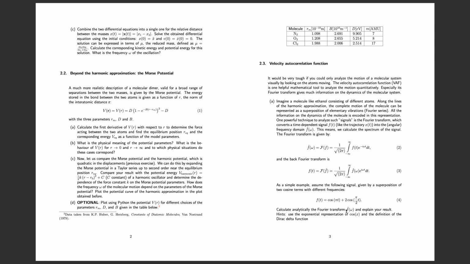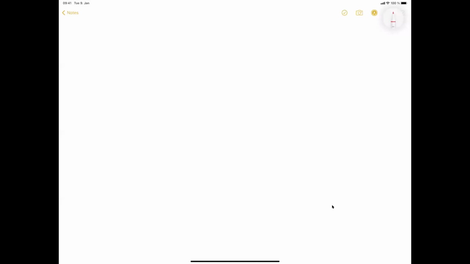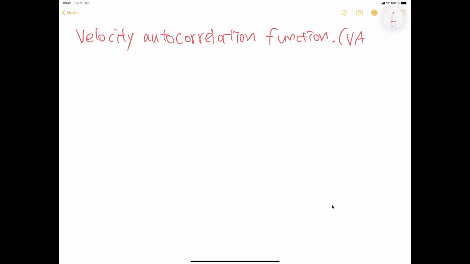So the goal is to perform the Fourier transform of this one, and let's go back to the writing panel. Wait a second. Good. So here, this question is about the velocity autocorrelation function, or VAF.